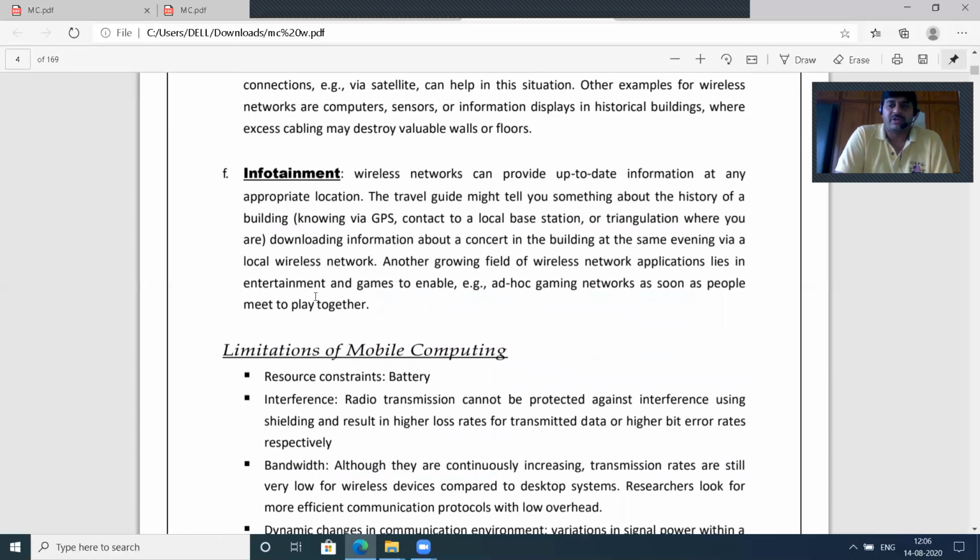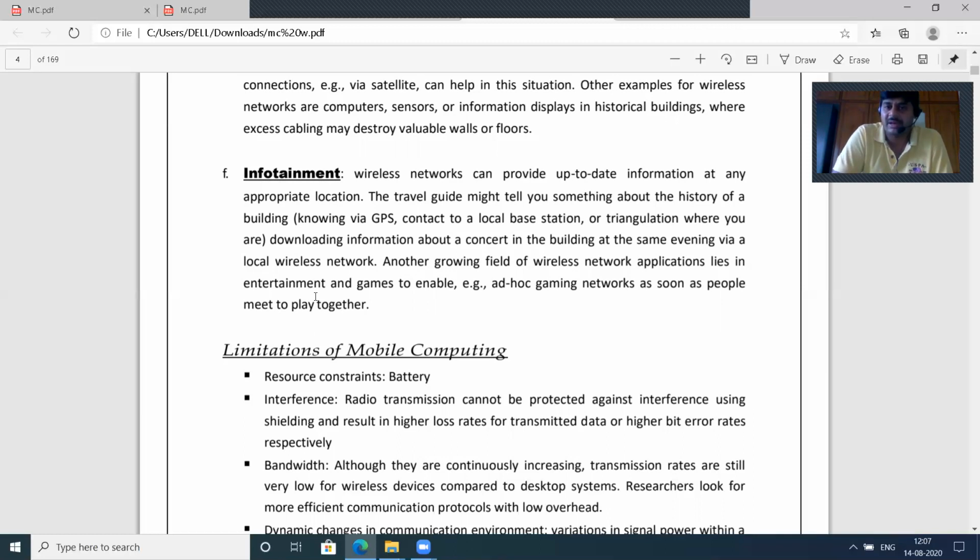The last application of mobile computing is infotainment. Infotainment comes under entertainment, GPS, knowing what the local base station is, downloads; all this entertainment factor comes into this category. Wireless networks can provide up-to-date information at any appropriate location, wherever we are.